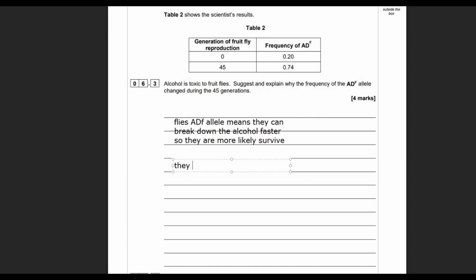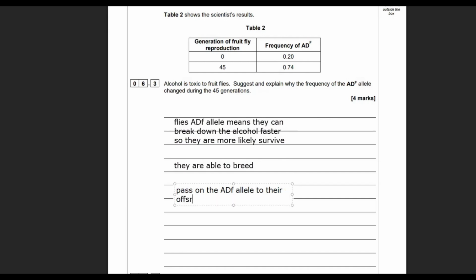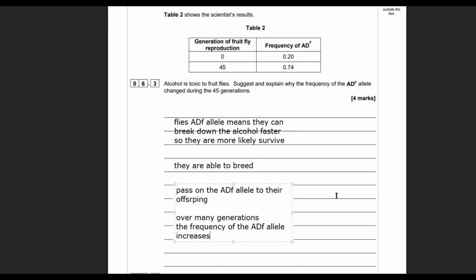So they are able to breed, so more likely to breed or reproduce, pass on the ADF allele to their offspring. And then we want to say over many generations, well, 45 exactly, but over many generations, the frequency of the ADF allele increases.